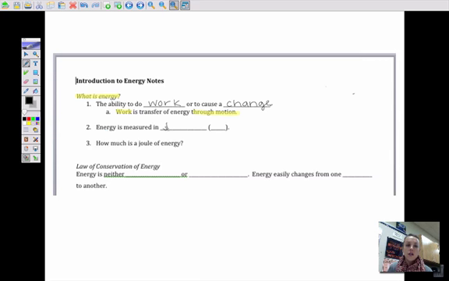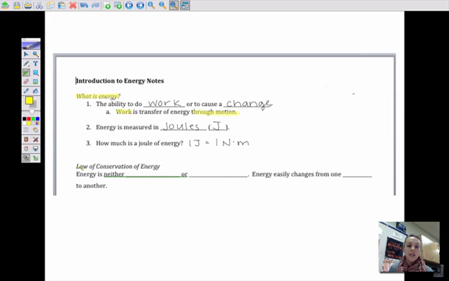Energy is measured in joules, which is abbreviated with a capital J. And how much is a joule of energy? Well, 1 joule is equal to 1 Newton meter. This unit is related to the physical concept of work, which is our last target for the unit.